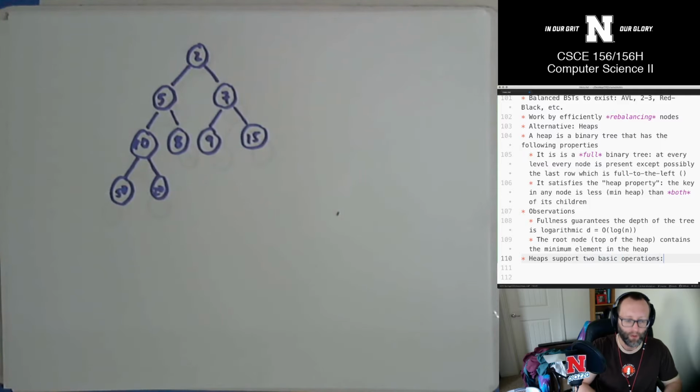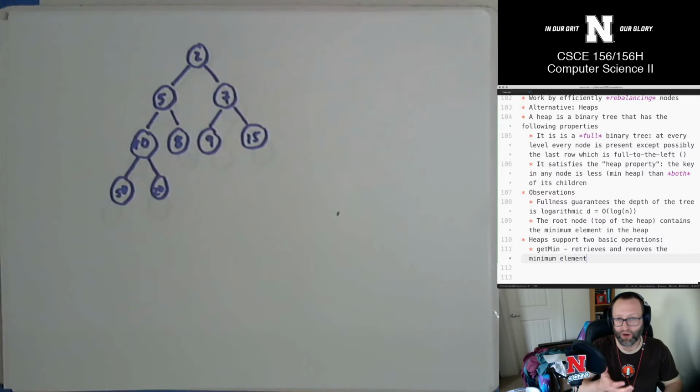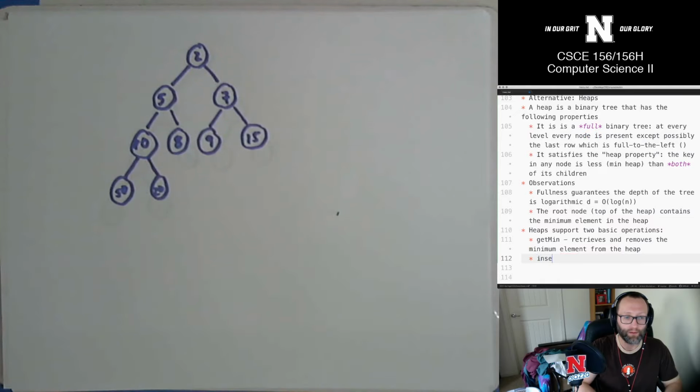One is get min, which retrieves and removes the minimum element. Of course, you can do a peek as well and retrieve it, but not remove it from the heap. And two, insert, which adds an element to the heap.